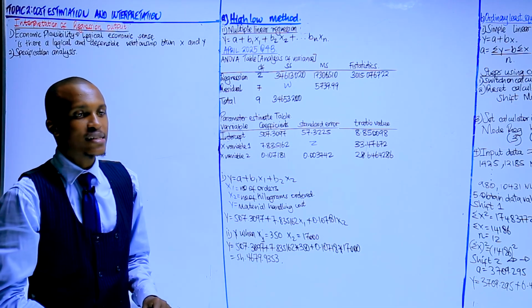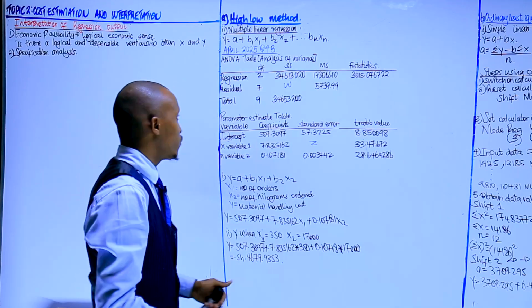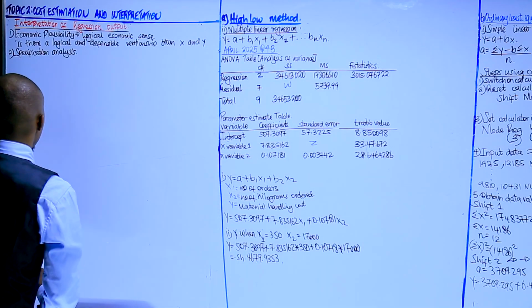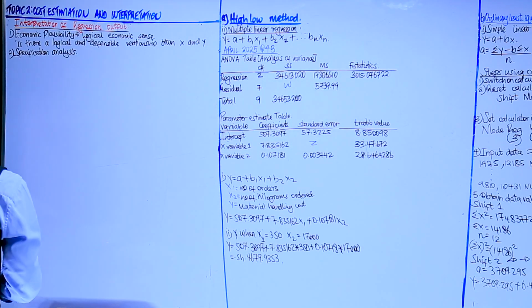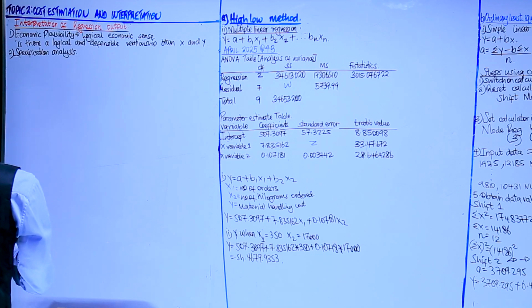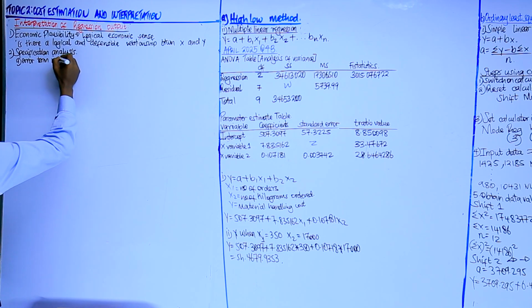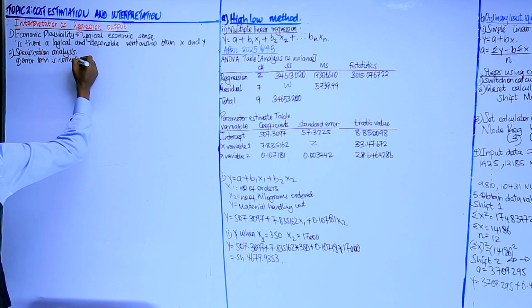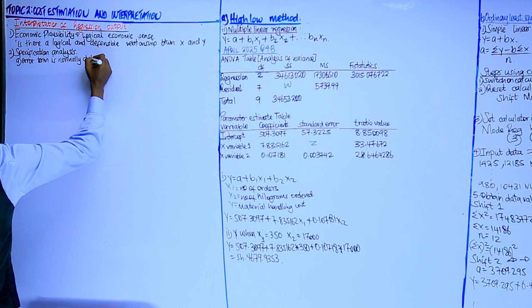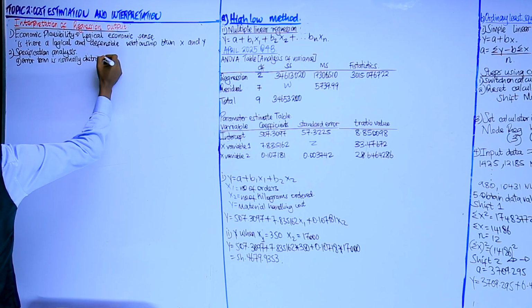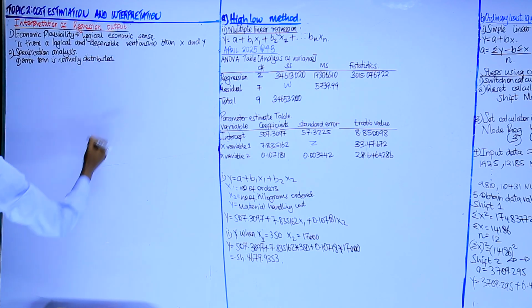For example, the first assumption is that the error term is normally distributed.